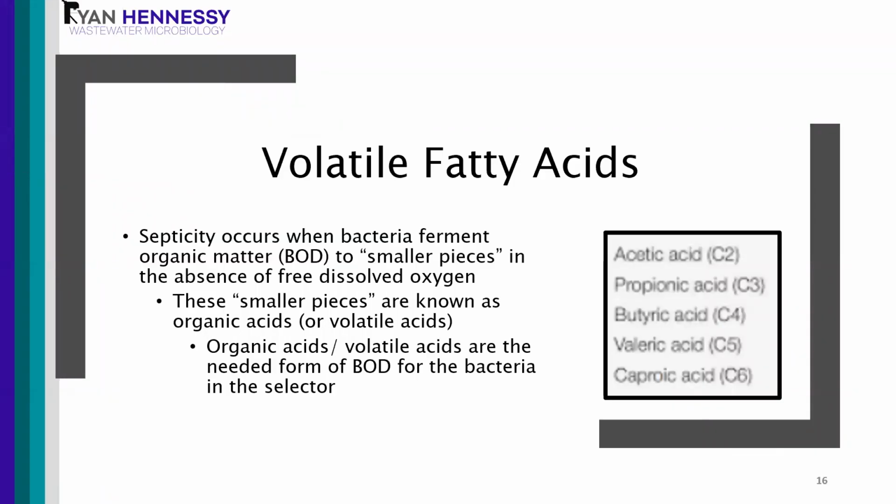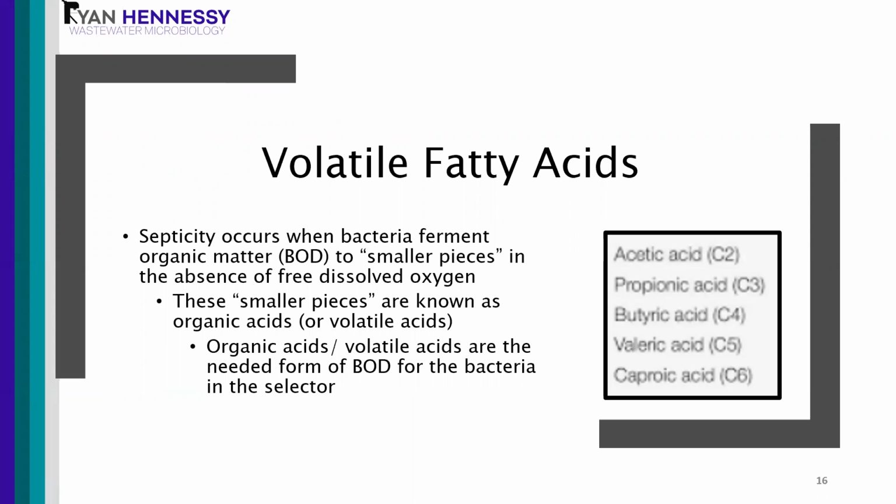So for enhanced biological phosphorus removal to be successful, we need to have BOD or food in the form of volatile fatty acids, or you're going to hear me say organic acids, volatile fatty acids, fairly interchangeably. So septicity occurs when the bacteria ferment BOD to smaller pieces, which are the organic acids.